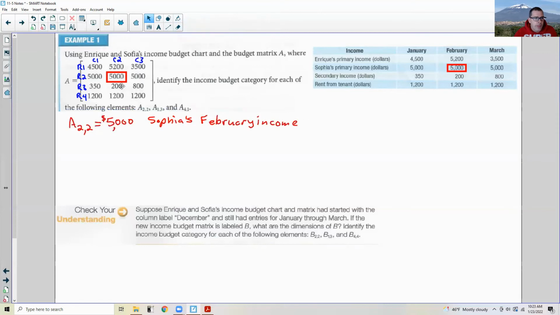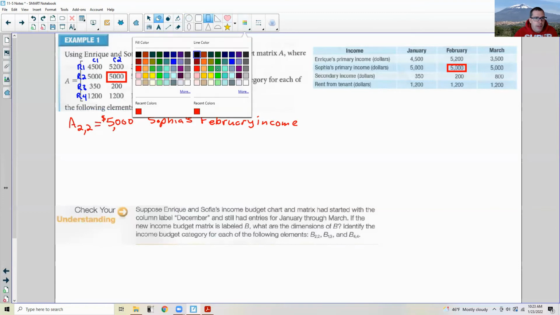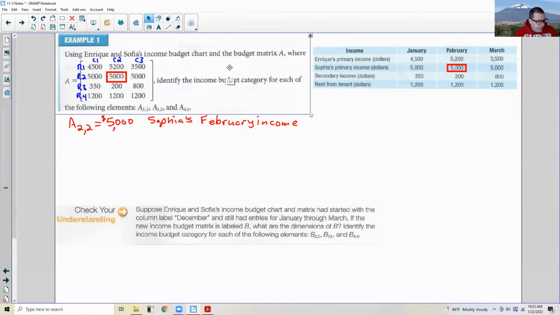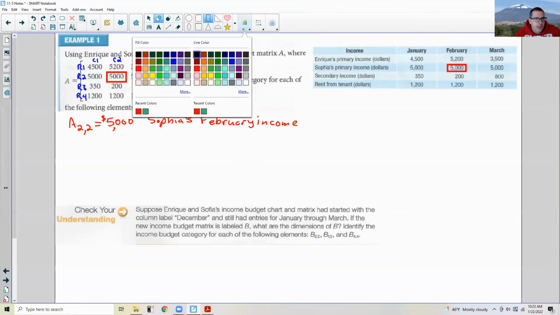Keep it all color coded. So there's A sub 2,2. And now I'll go to green for the next one. Now it says A1 comma 3. So let's choose this.